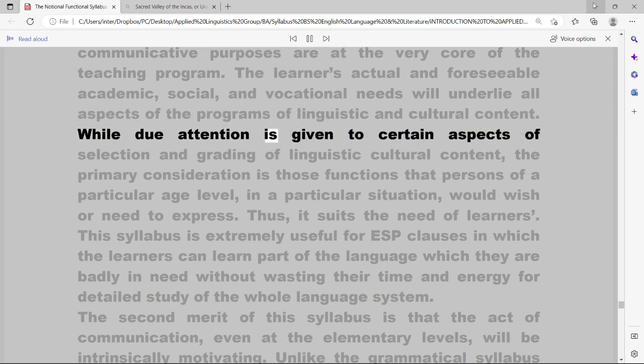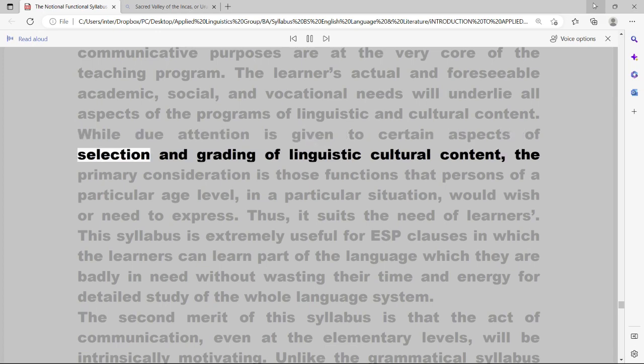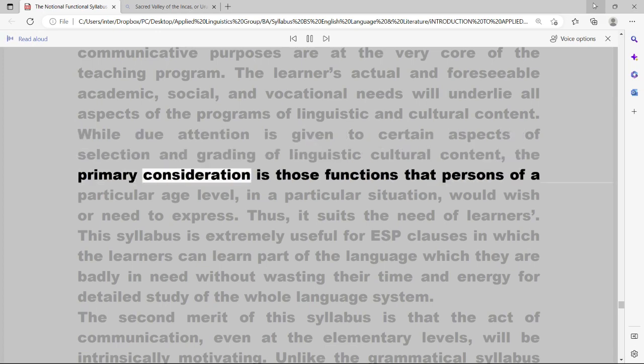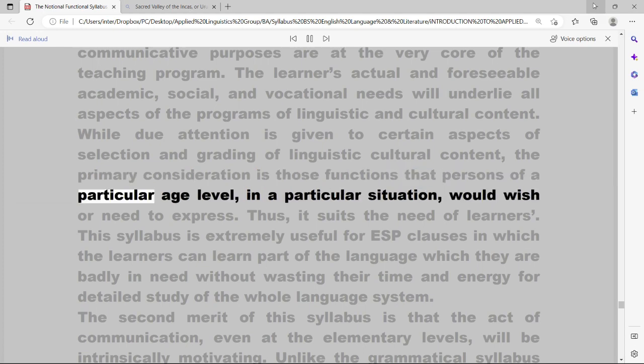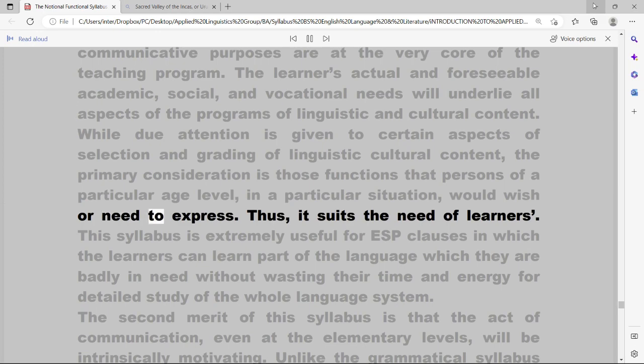While due attention is given to certain aspects of selection and grading of linguistic and cultural content, the primary consideration is those functions that persons of a particular age level, in a particular situation, would wish or need to express. Thus, it suits the needs of learners.